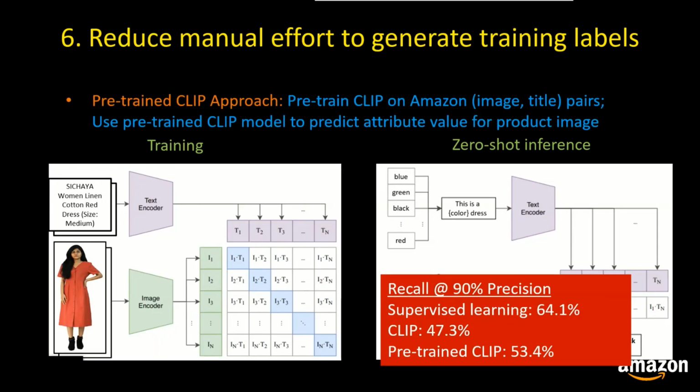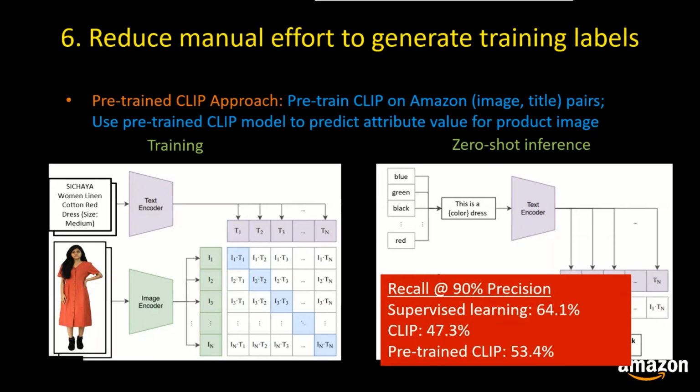It goes up from 47.3% to 53.4% as a result of pre-training. Although the performance of pre-trained CLIP is still worse than supervised learning, this is because the training process maps the entire title and image to the same space without leveraging attribute-specific training labels.